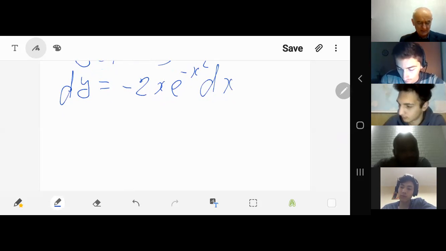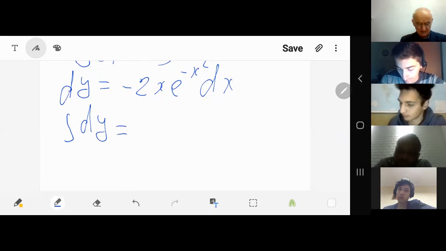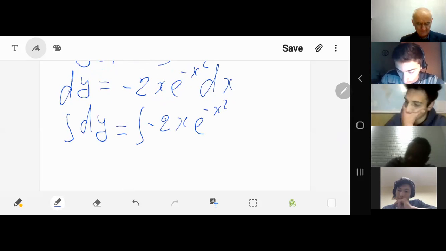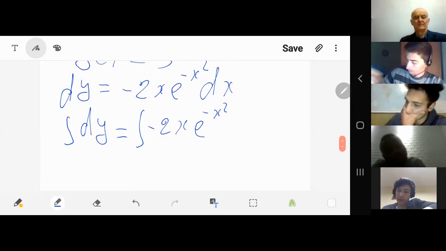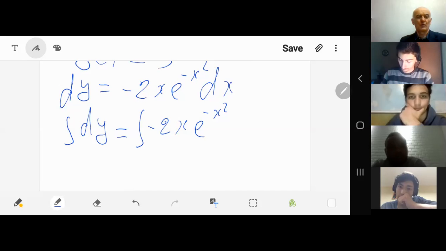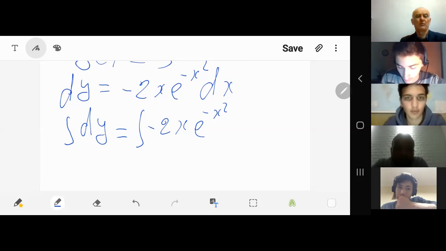I will just write down integral signs: integral dy equals integral of minus 2x e to power minus x squared. You also have to agree, because I did not change anything, I only wrote down the integral sign on both sides.